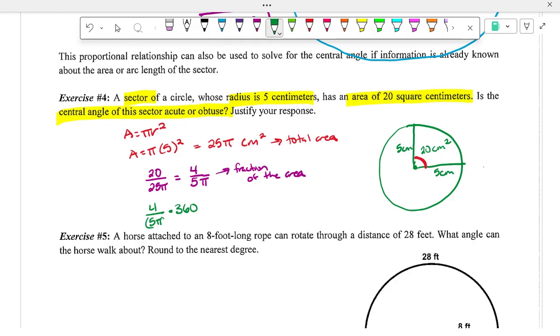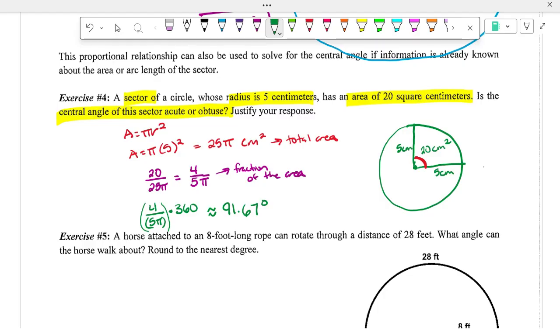Make sure that this is in parentheses and that's in parentheses. So do 4 divided by 5 pi and times it by 360 and give me an approximate. 91.67 degrees.